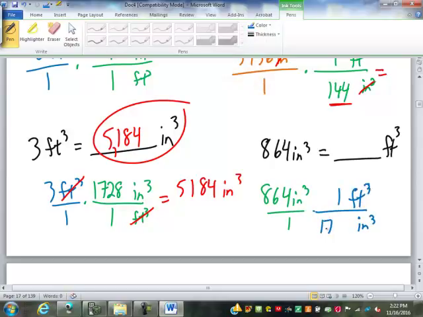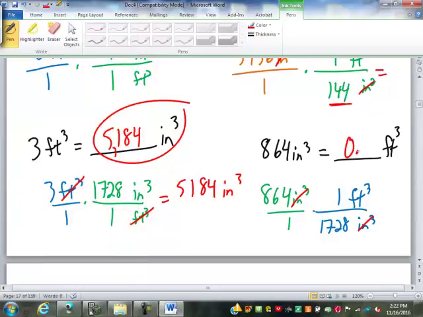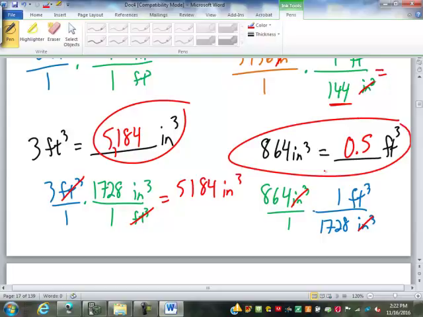One cubic foot is 1,728. Since that is on bottom, we're going to divide by it. 864 divided by 1,728. If I did it right, it should be 0.5. There we go. It is 0.5 or 1/2 of a cubic foot.